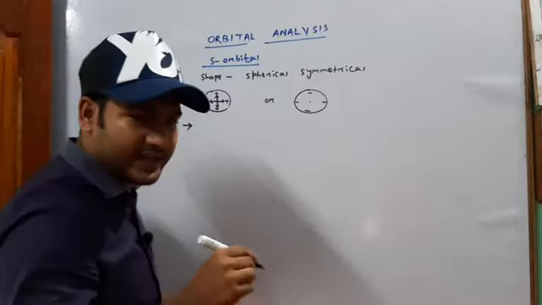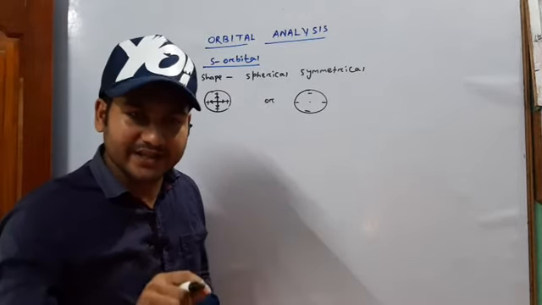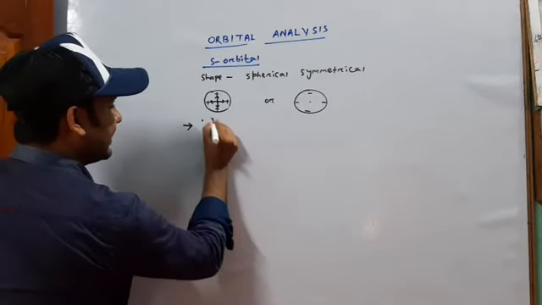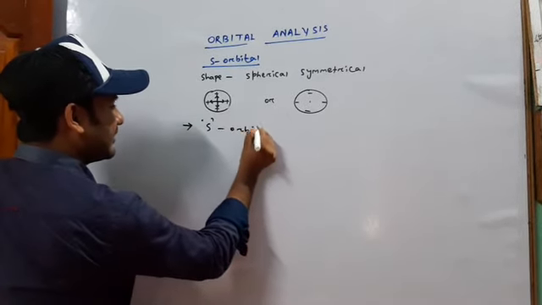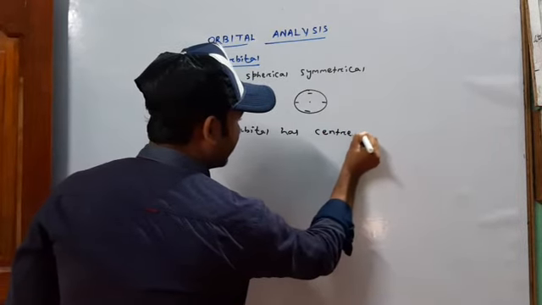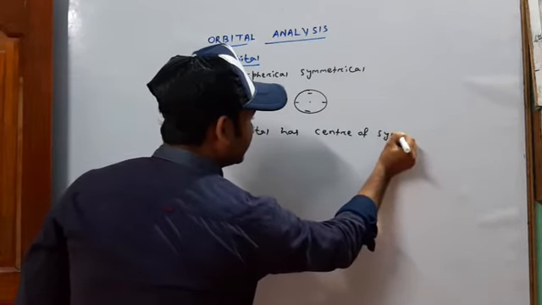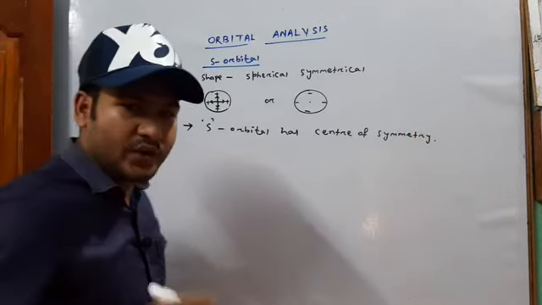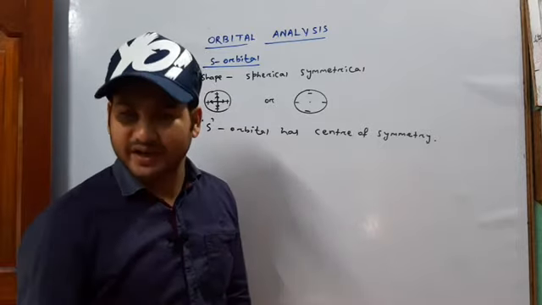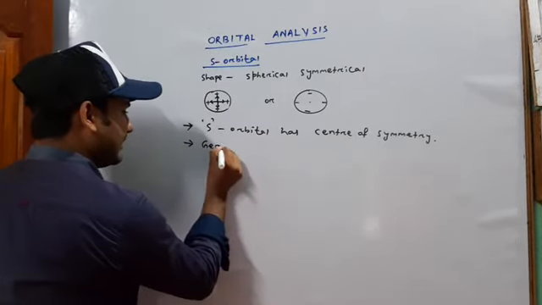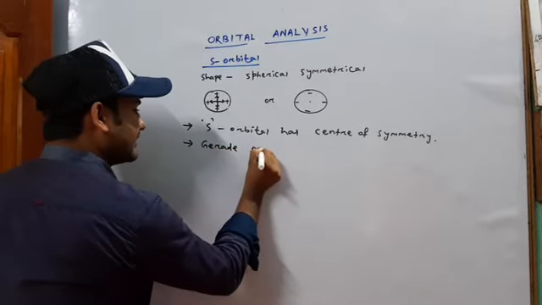That means we can say that the s orbital has a center of symmetry. The orbital which has a center of symmetry is called a gerade orbital.